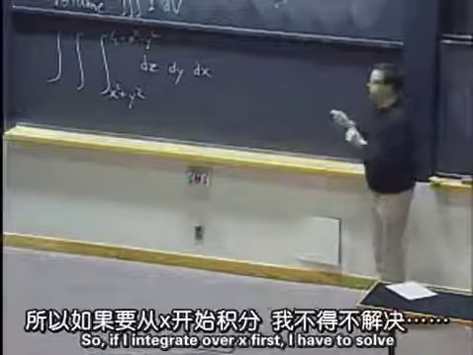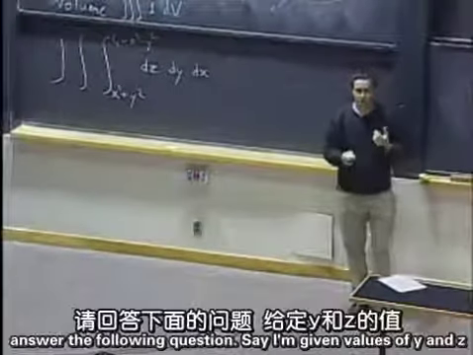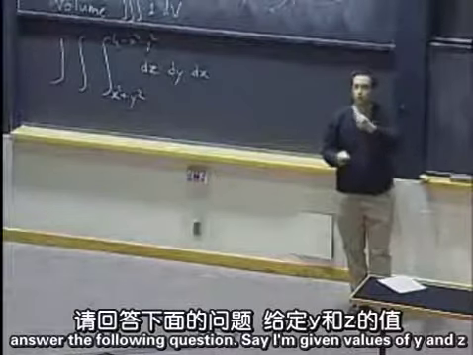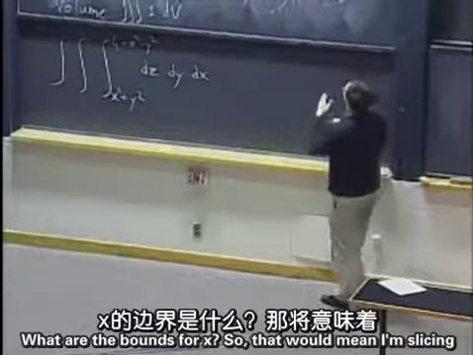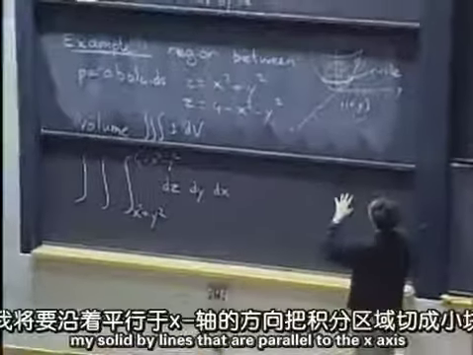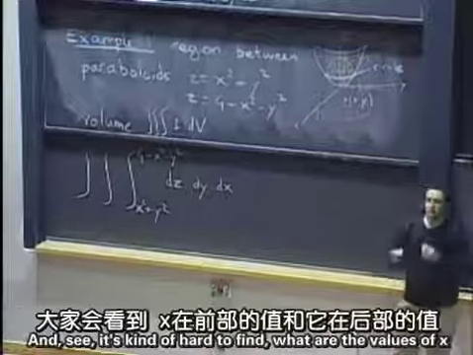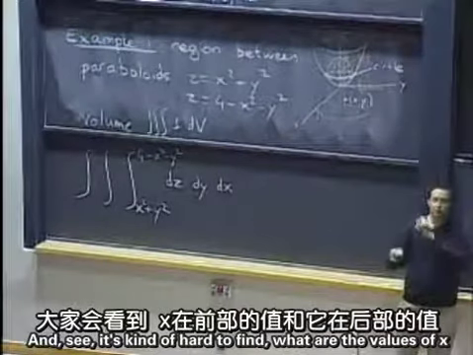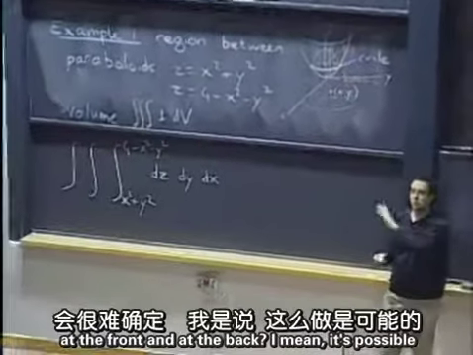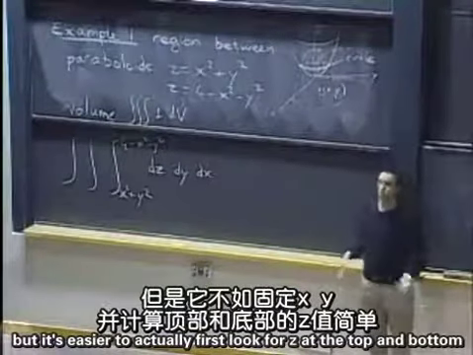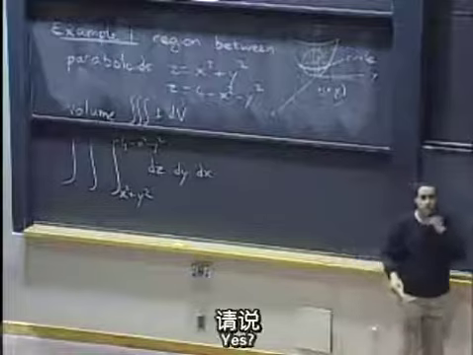So if I integrate over x first, I have to answer the following question: given values of y and z, what are the bounds for x? That would mean I'm slicing my solid by lines that are parallel to the x-axis, and it's kind of hard to find the values of x at the front and at the back. It's possible, but it's easier to first look for z at the top and bottom.